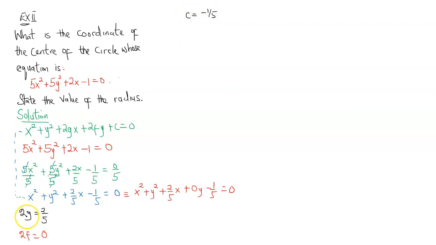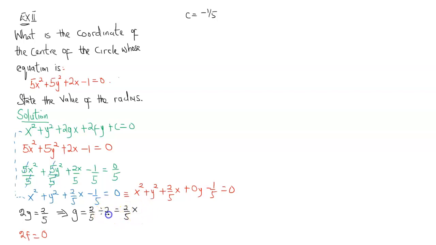Now solving this, if 2g equals 2 over 5, to obtain g, I'm going to have to divide both sides by 2. So if I divide the left by 2, I'm going to be left with g. Dividing the right by 2, this is 2 over 5 times, this is going to change to a multiplication, and I'm going to flip the item on the right.